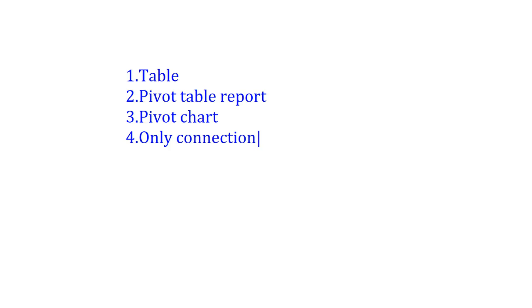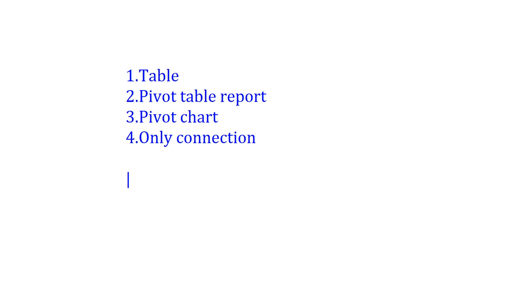Out of this 4, you can select anything, but if you have selected only create connection, connection will be there. But I want to create a pivot table. If you have already a table, pivot pandrathu very easy. If you already have a pivot table available, you can modify it. But I want to create a connection with which I want to create a report. But how do we create a report? Second option you have to select.